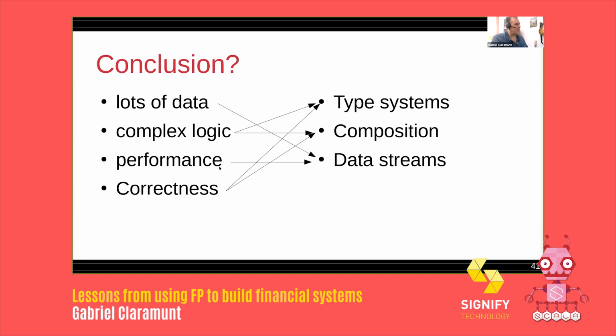And dealing with all of the data and performance using data streams, it's not a specific technique from functional programming, but it's really, really close to the spirit, and makes things very easy to read. Basically, it's lazy data structures operating with map and bind. That's kind of the essence of streams.